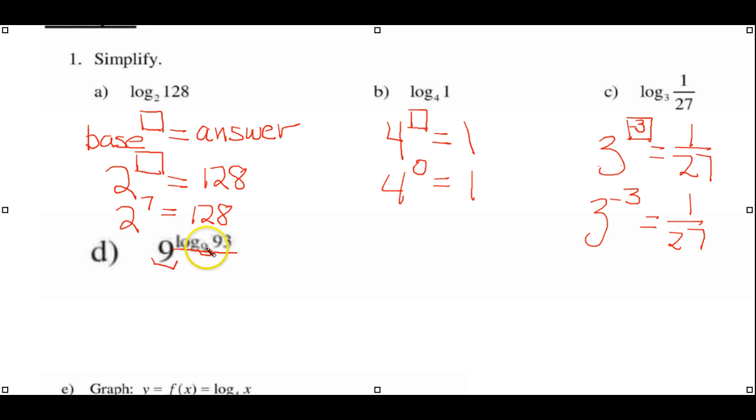Whenever this number and this number are the same, the answer is just this, 93. So this is sort of a definition. When you see this arrangement, the answer is what's here, 93. And I'll explain that a little bit more in a later lesson.